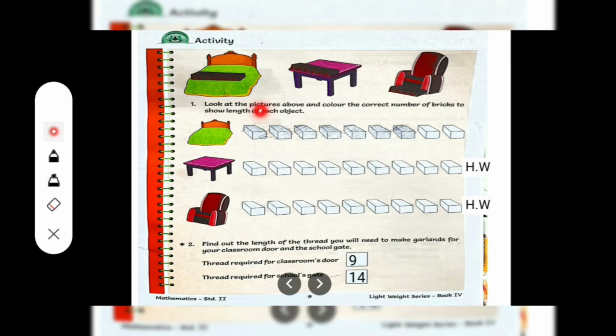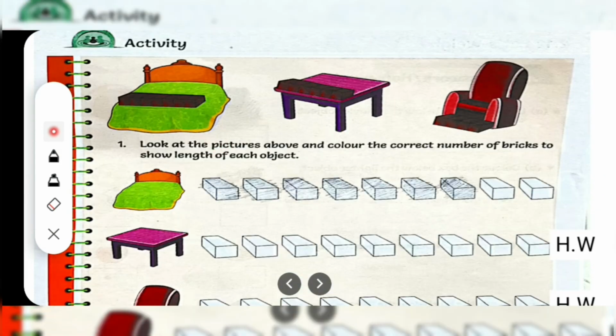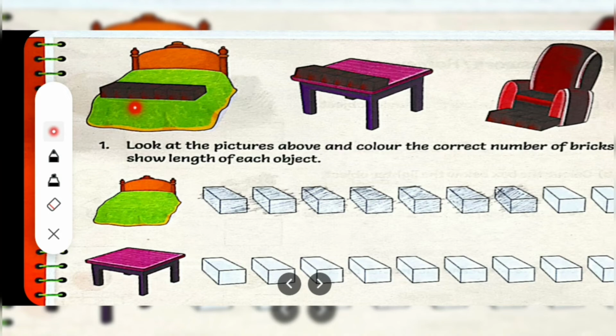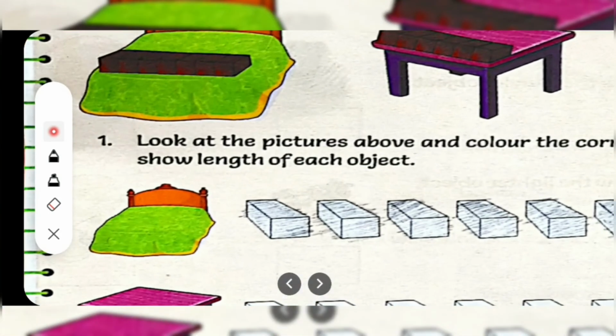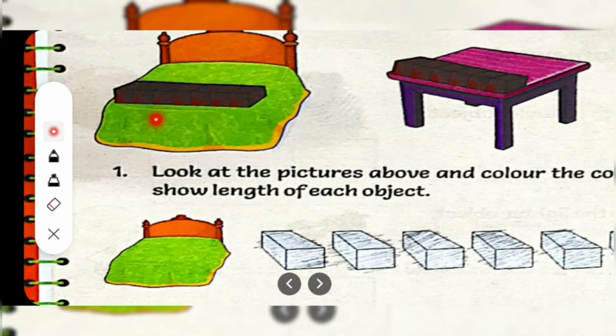Look at the pictures above and color the correct number of bricks to show length of each object. Now on the bed there are bricks kept. So you have to count the number of bricks to show the length of that object. So how many bricks long is this bed?